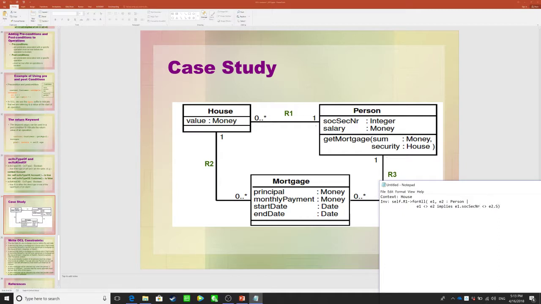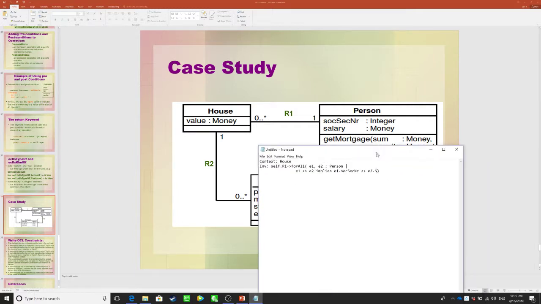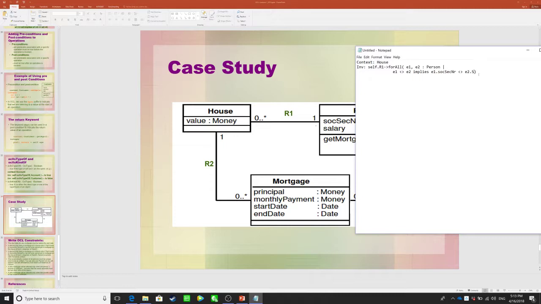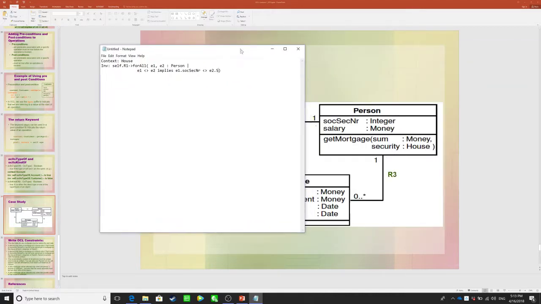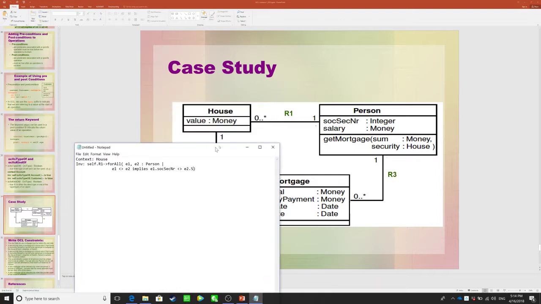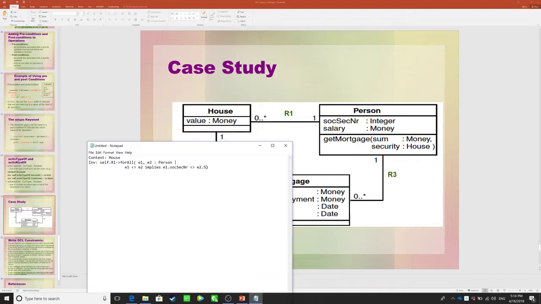Can you see that? Dot social security number.